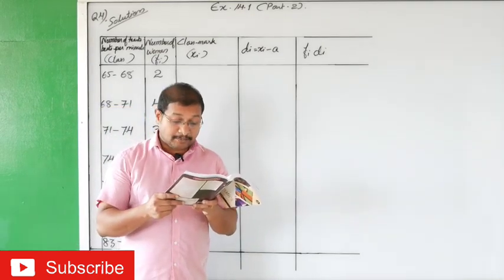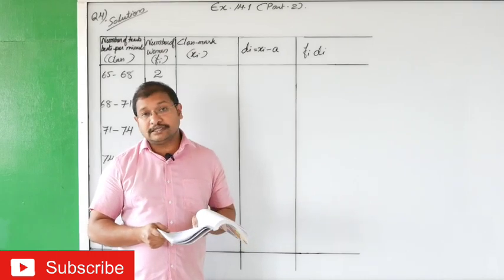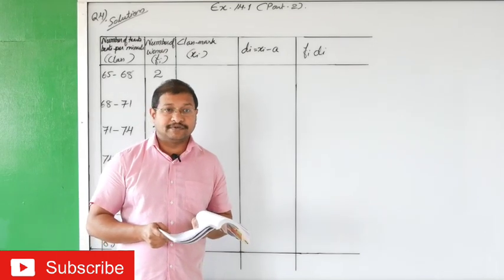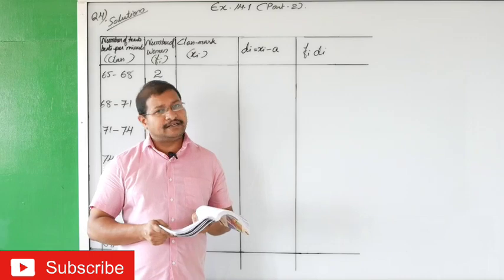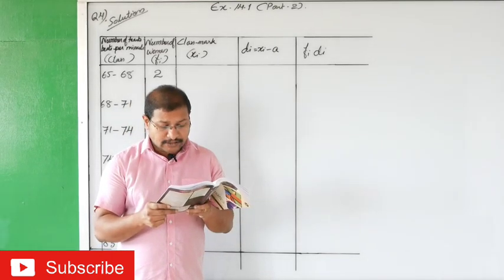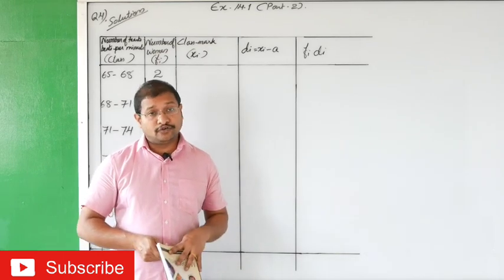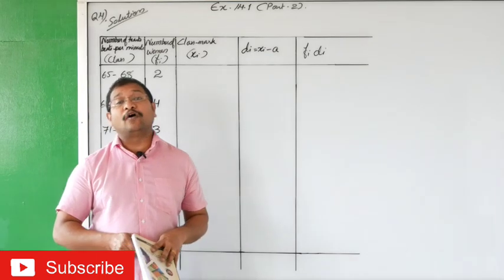Number of heartbeats per minute: 65 to 68, 68 to 71, 71 to 74, 74 to 77, 77 to 80, 80 to 83, 83 to 86, and the next column is the number of women: 2, 4, 3, 8, 7, 4, 2.